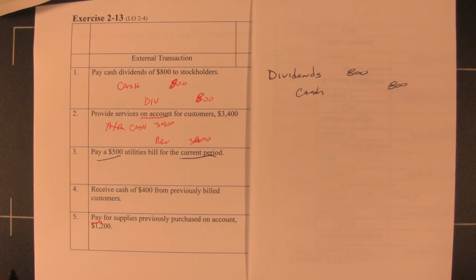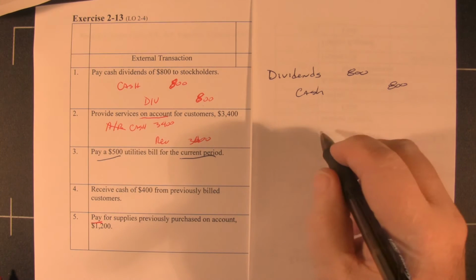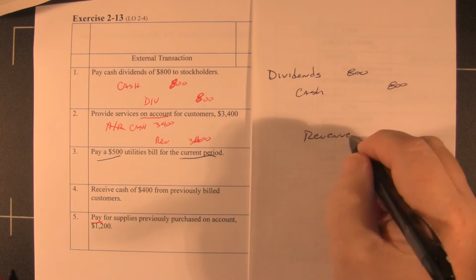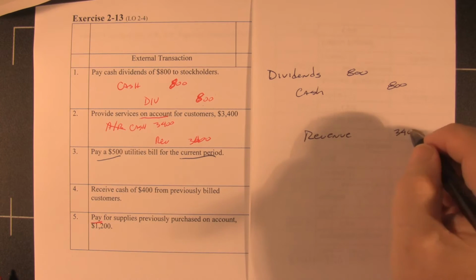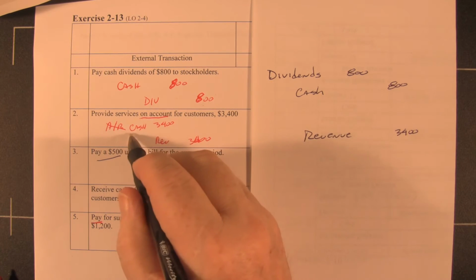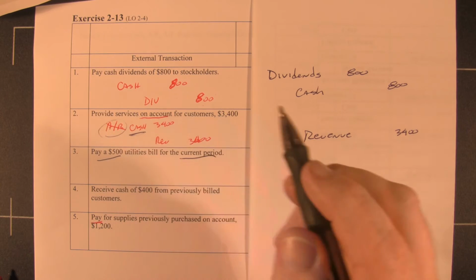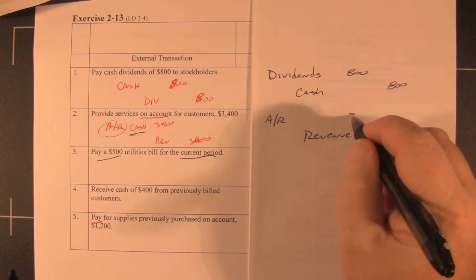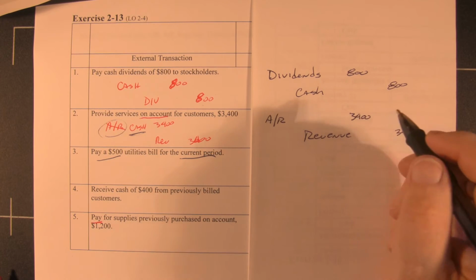So the revenue part is correct. We did indeed get revenue for a credit of $3,400, but instead of crediting cash or debiting cash, we have to debit accounts receivable. That's our asset of value here, $3,400.